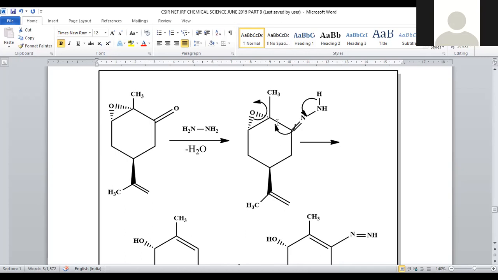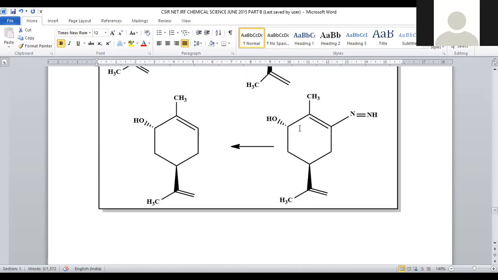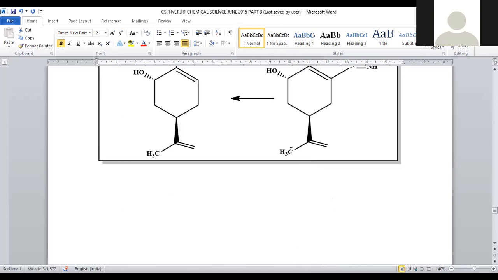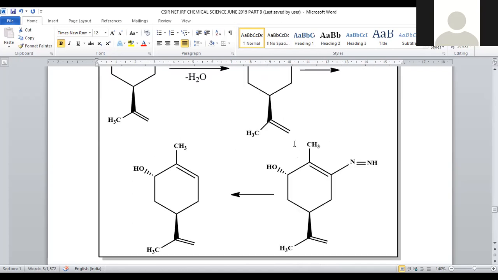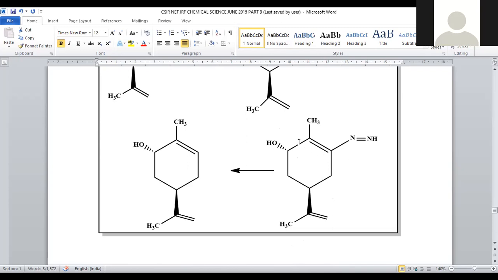The existing double bond is used to form an endocyclic ring double bond, and epoxide ring opening is possible, being a 3-membered ring, more sterically strained. So an open chain molecule with OH; there is no change in the stereochemistry, because the epoxide is opened from the backside, so OH will go back end only. And here we get an N=N double bond, and one of the double bonds is generated within the ring system.